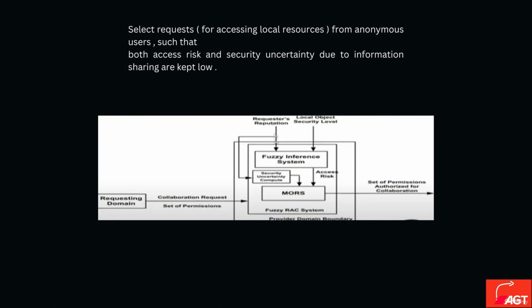One such system that may monitor requests and provide access to anonymous users based on their standing and the level of local object security is the fuzzy inference system. Only a fraction of requested permissions may be granted based on the reputation of the user, and access policies can be defined on objects based on their reputation.